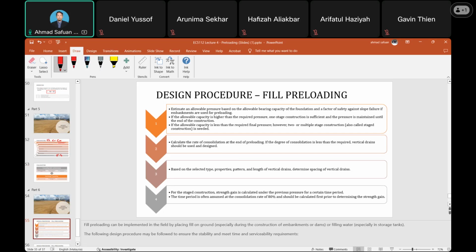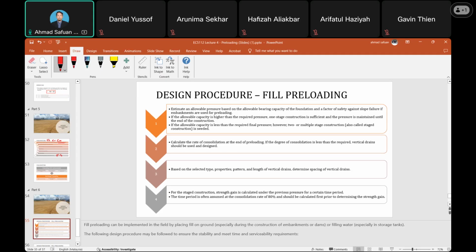So get the Cu, then multiply with 5.14 and divide with the factor of safety. From there we can get the P value.